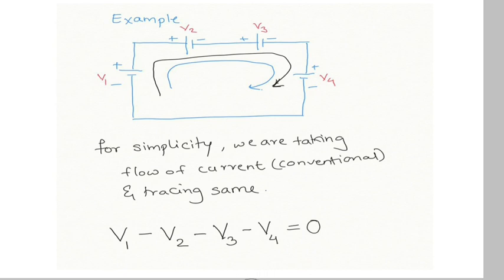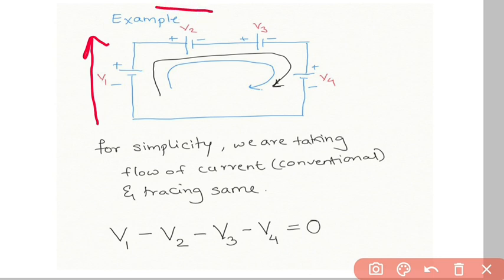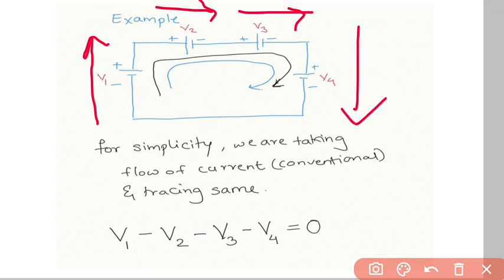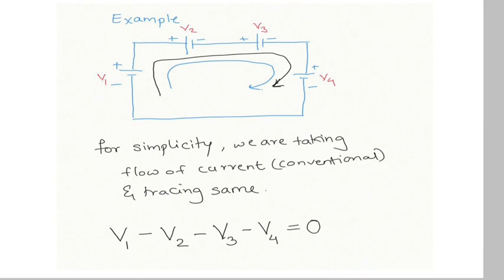If you are moving in this direction, what is the last terminal of your battery? That is positive, so V1 is positive. Here, what will be your last terminal? Negative, so V2 is negative. Here, V3 is negative. Here, V4's last terminal is negative, therefore V4 is negative. And the summation of all those EMFs will be equal to 0.